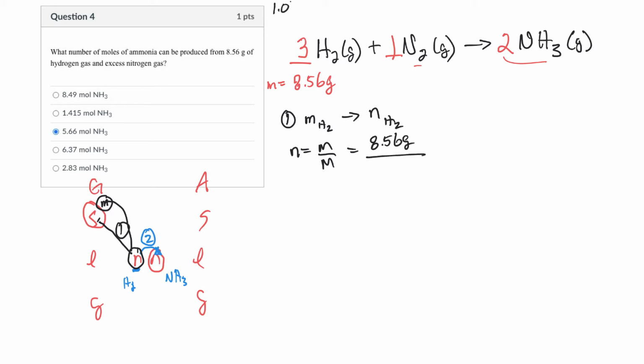Hydrogen is 1.01, but since there's 2 of them, that'll be 2.02 grams per mole. Okay, let me get a calculator. It's going to be 4 point something. 8.56 divided by 2.02 is 4.2376 moles, and this is of hydrogen.